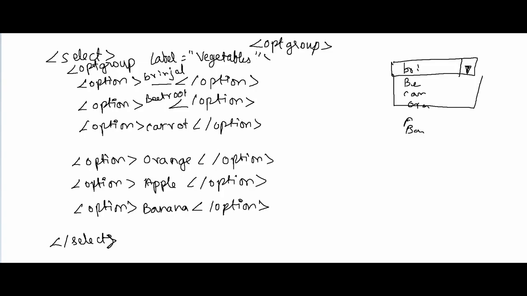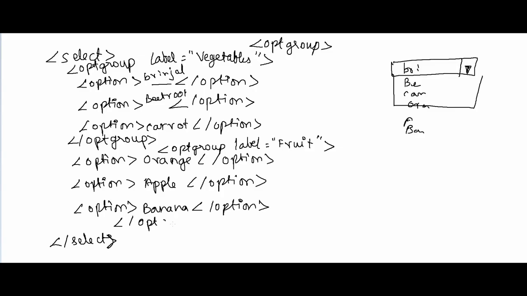After closing the tag, up to where I want to group under vegetables, this is decided by backslash opt group. Again, if I want to group the fruits, I open opt group, label is equal to fruits, right? At the end we can close the opt group.